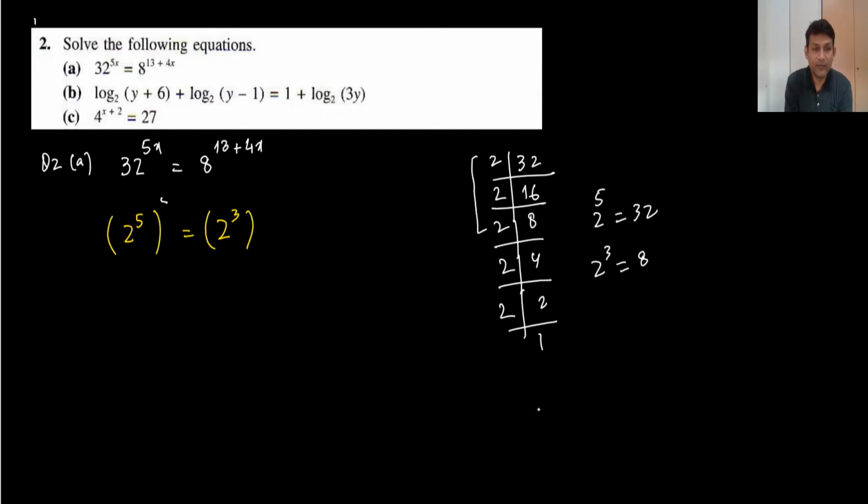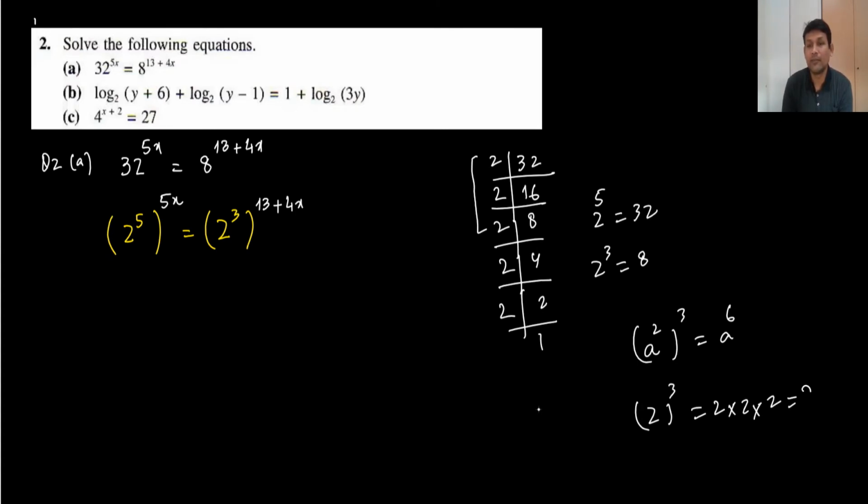I can write 5x here and 13 plus 4x. Now, power to power, as a rule, when we have a square power of 3, it will always multiply. But please, when you have 2 power 3, this will not multiply. It means 2 is 3 times. That's why it's coming 8.